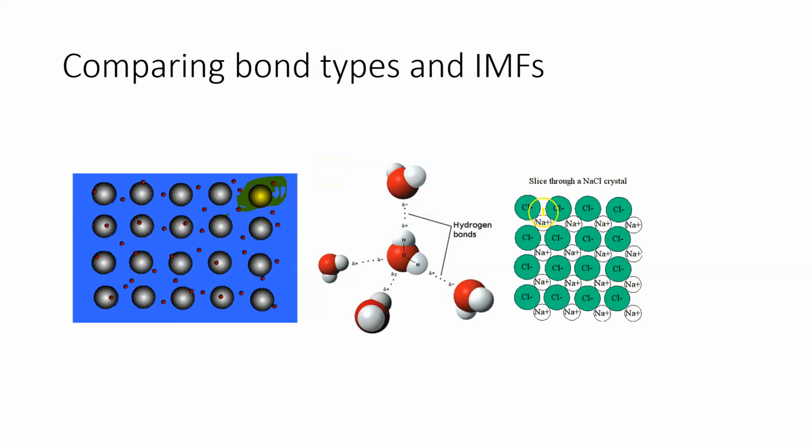If I were to try to separate out one sodium chloride unit from the rest of this crystal lattice, I would have to break some ionic bonds in order to make that happen. But if I'm trying to separate one water molecule from the rest, I just have to break intermolecular forces. So that's why it's so much easier to do that with a covalent compound than with anything else. And we'll spend more time on that in the remainder of these notes.